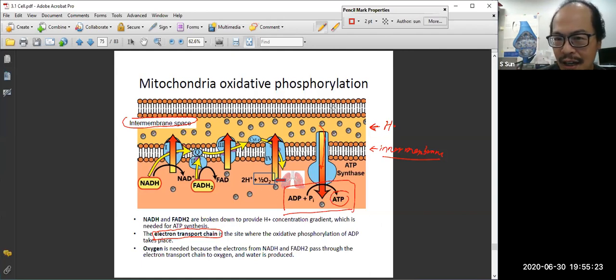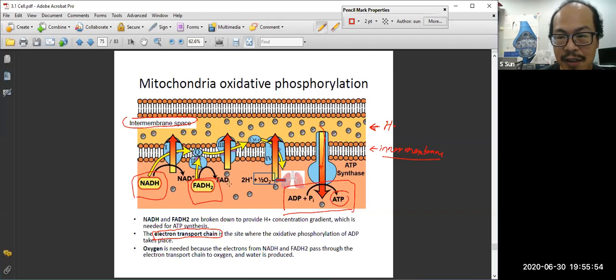And the question now is how can we have so many hydrogens here? The reason we have so many hydrogens here is that we have two important players, NADH and FADH2. NADH will donate its hydrogen to here to become NAD+. FADH2 will also donate its hydrogen here to become FAD, not FADH, FAD.